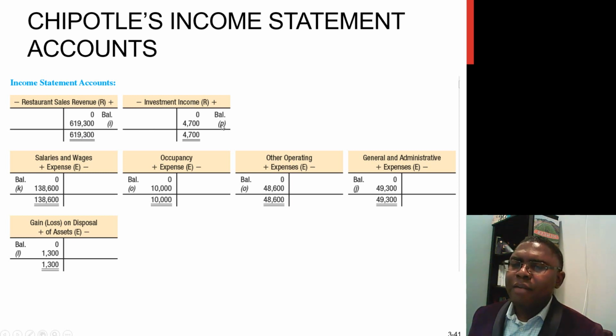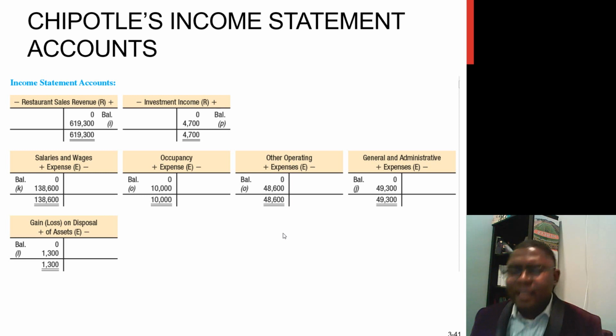Investment income, a credit balance. So these are revenues. So you notice these are expenses below. Salaries and wage expense, occupancy expense, other operating expense, general and admin expense, loss on disposal of an asset, which is an expense.